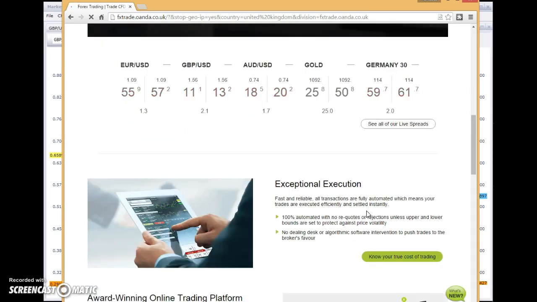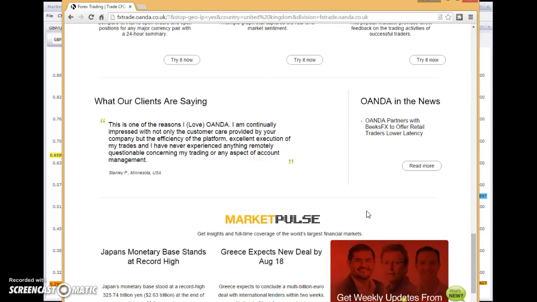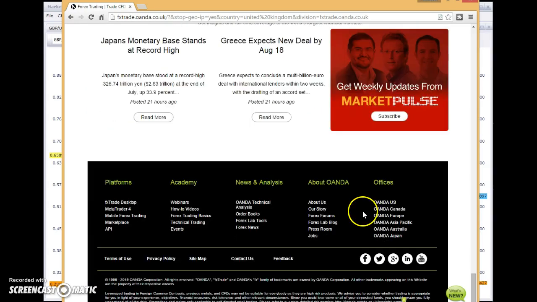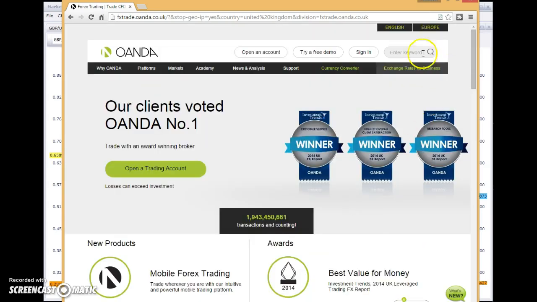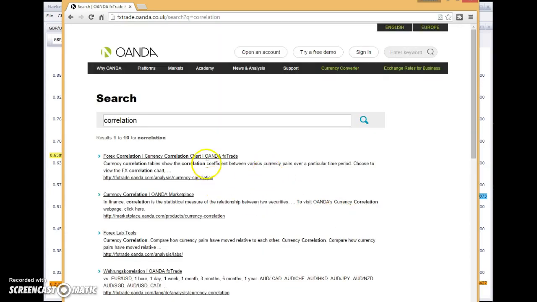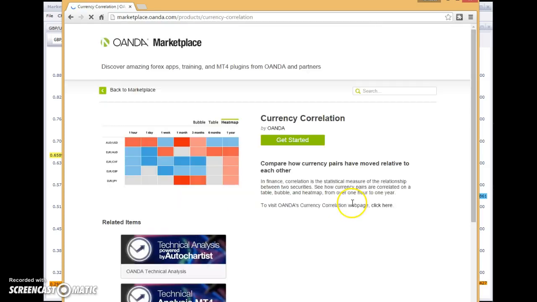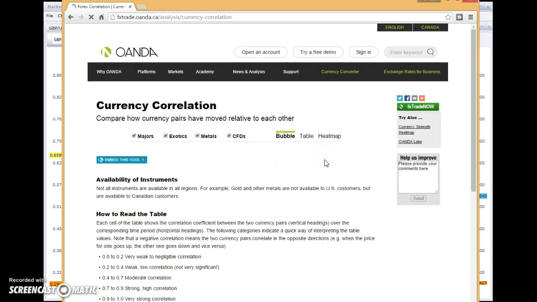So what I want to look at today is the way in which they show the currency correlation between the various currency pairs, and if I could have a look at this every time I wanted to trade a particular cross or synthetic pair, that would be a very useful and time-saving way to go about it.